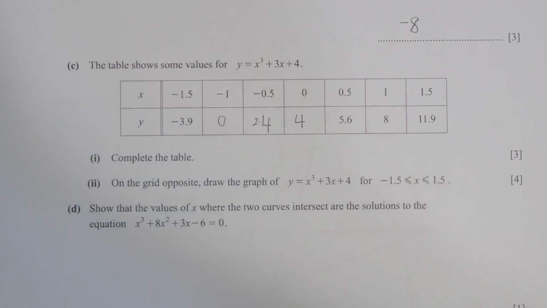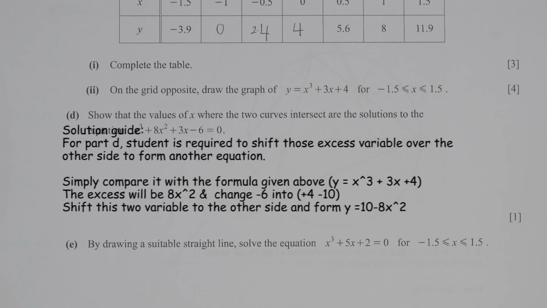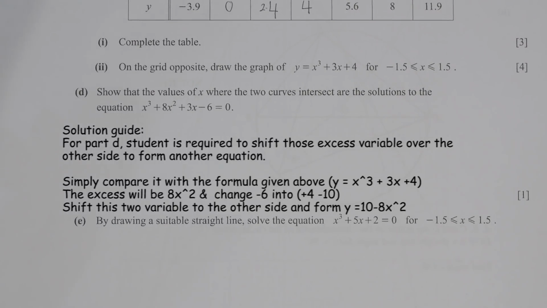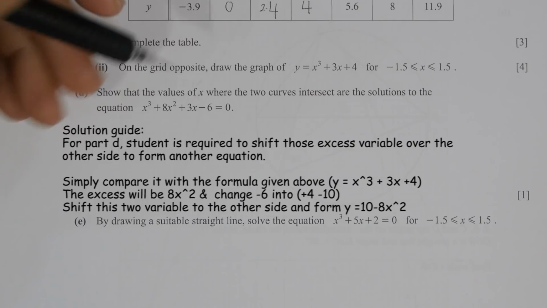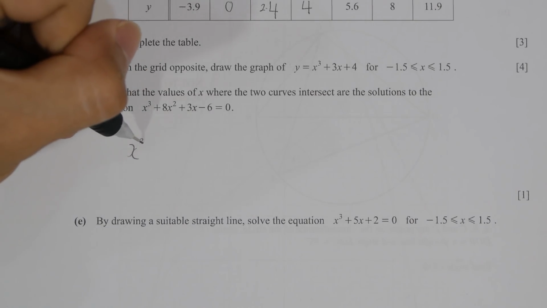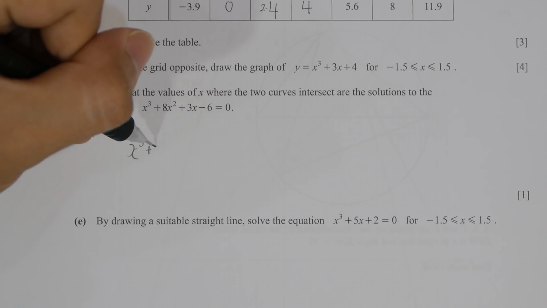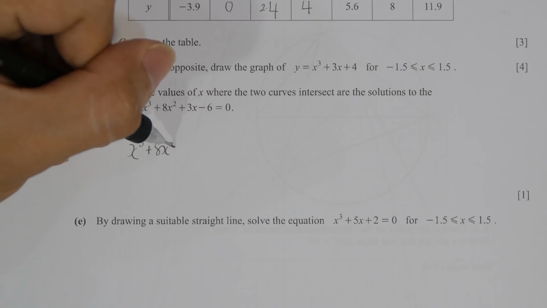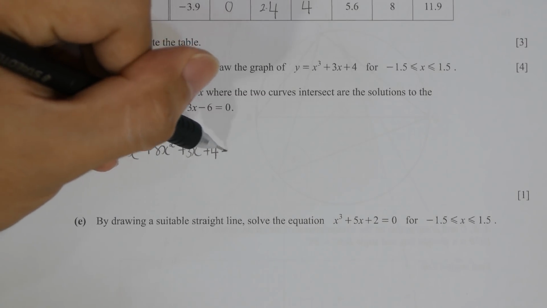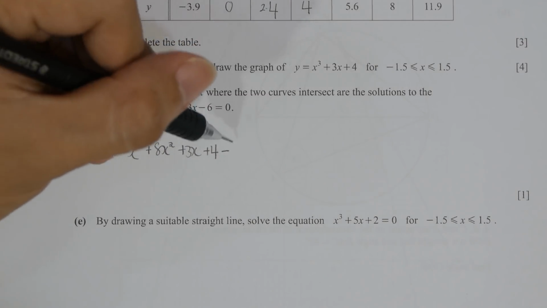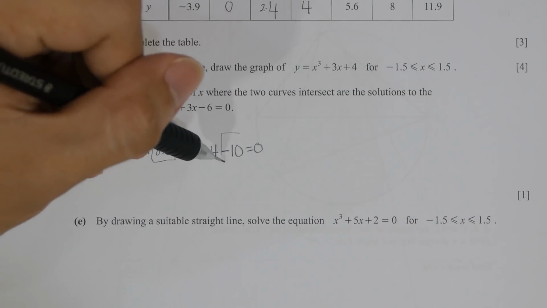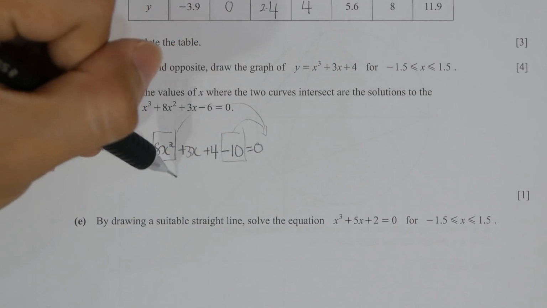Lastly, for part D and part E, it is relatively tricky. You're required to shift out the excess values or add things in by comparing with the equation given by the question. In our case, the 8x squared doesn't exist, so I shift it over to the other side and break down the equation.